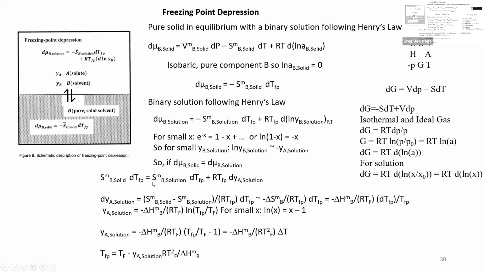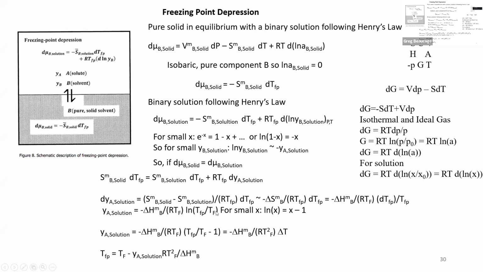So then you can replace this ln y_B with dy_A, and then you have the S term, so you end up with delta S, and dy_A, delta S over RT dT, and S is delta H over T, so you have dT over T, which will give you ln of T, and then on this side you have dy_A.